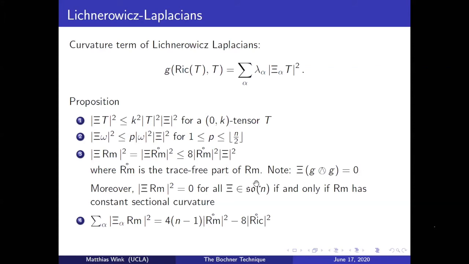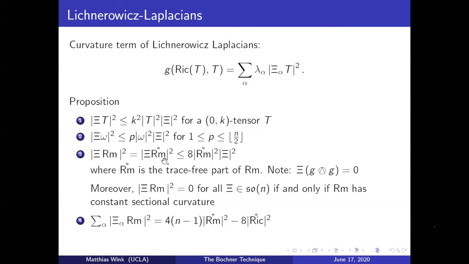So the interesting tensor that we're looking at is the trace-free part of the curvature tensor. And indeed, the kernel of this is given by those curvature tensors that have constant sectional curvature. So if the action is 0 for all x's, then our tensor has to have constant sectional curvature.